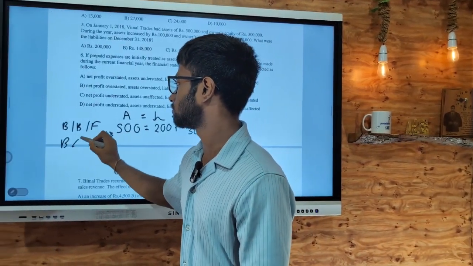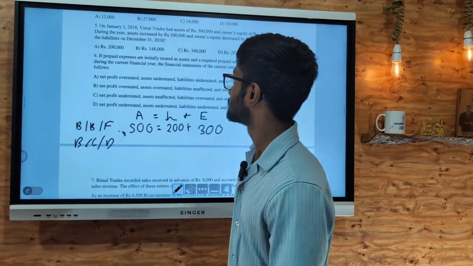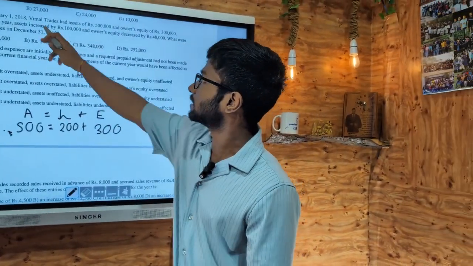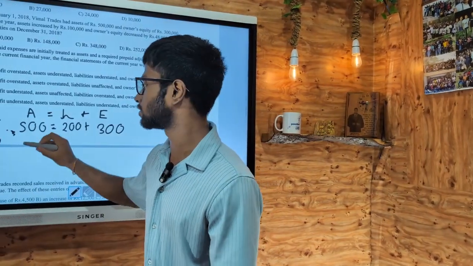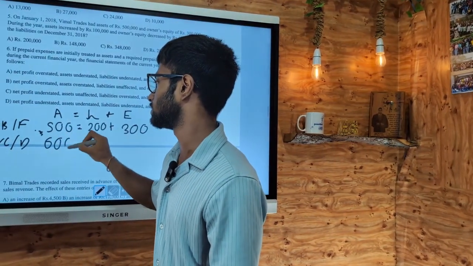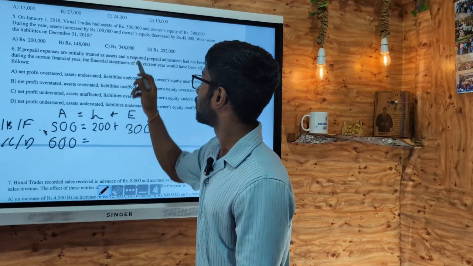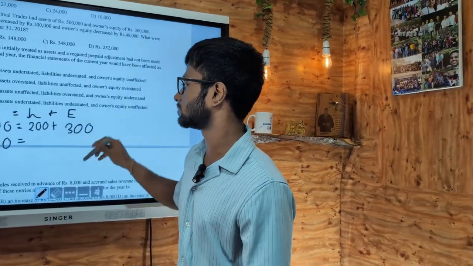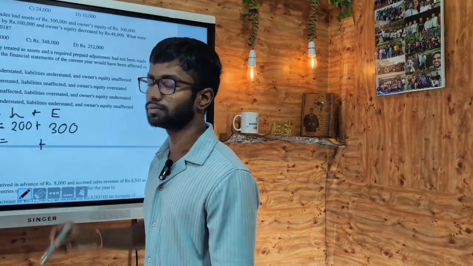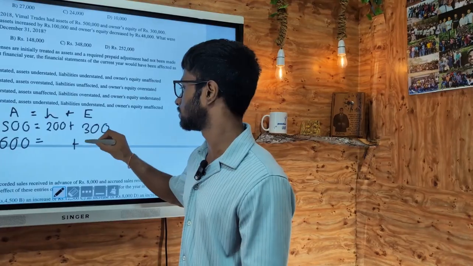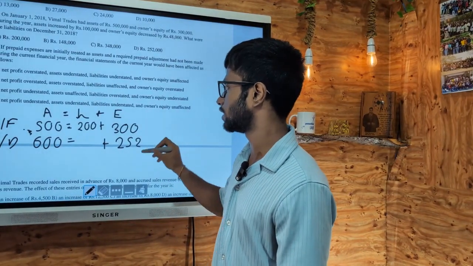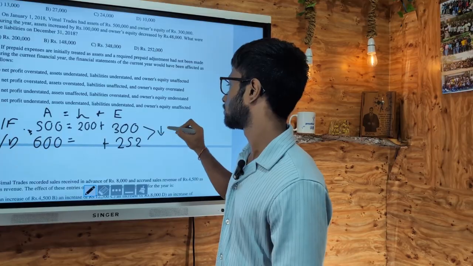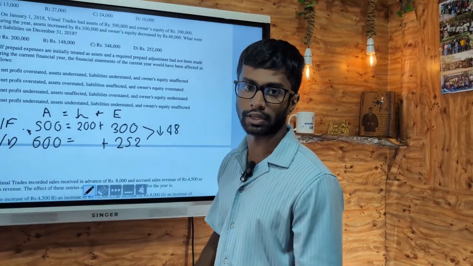At the end, they say assets increased by 100. So from 500, it increased by 100. So the closing amount is 600. And your owner's equity decreased by 48. If it went down by 48, then this should be 252,000, because it has gone down by 48.